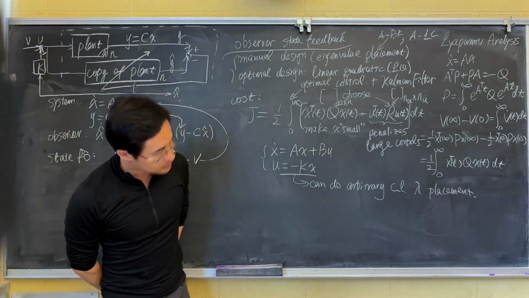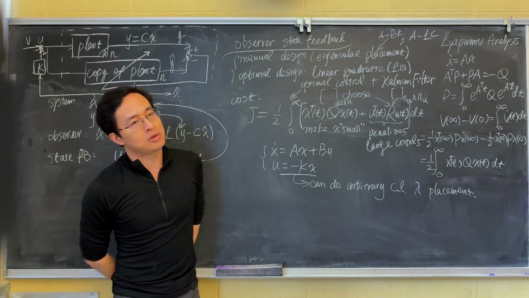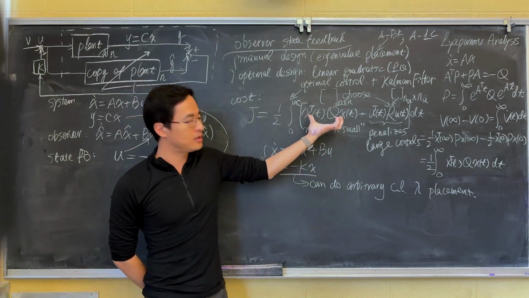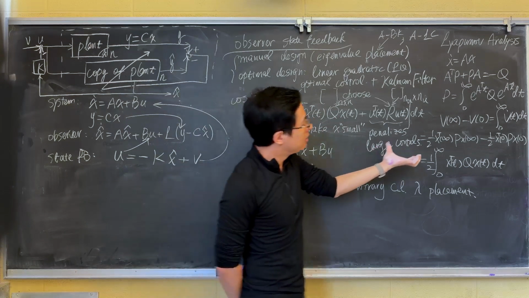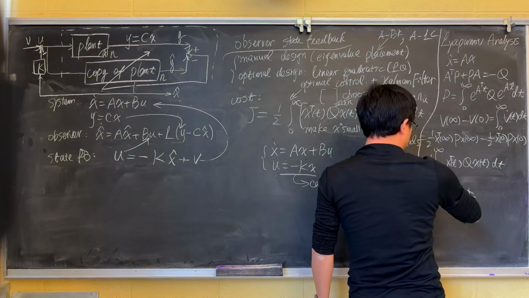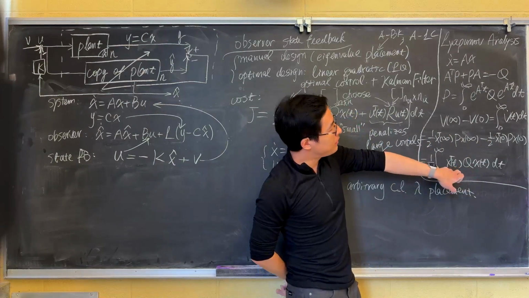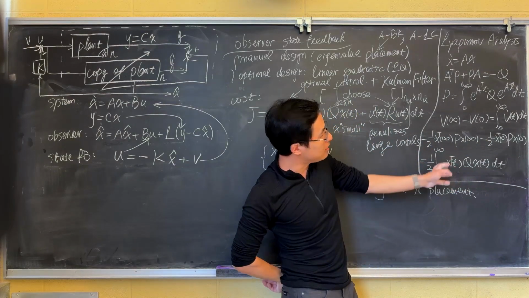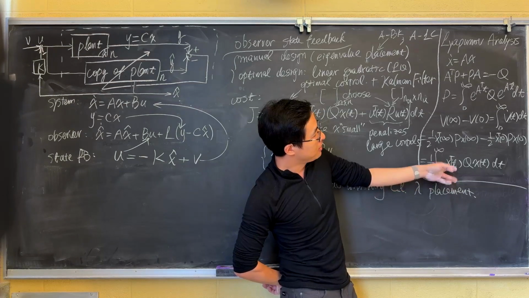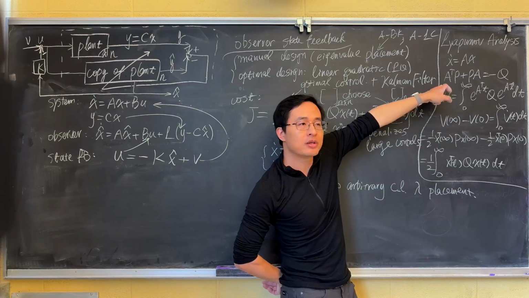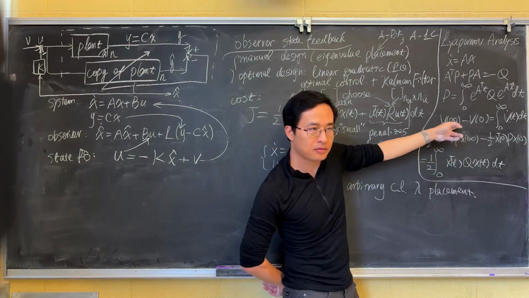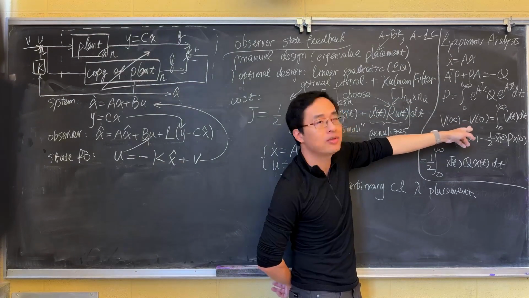Now, let's take a look at the tools that we have so far. We don't know how to solve this yet, but remember when we did our Lyapunov analysis, this kind of infinite integration actually appeared already when we derived the Lyapunov equation. We used this kind of mathematical equivalence, right?